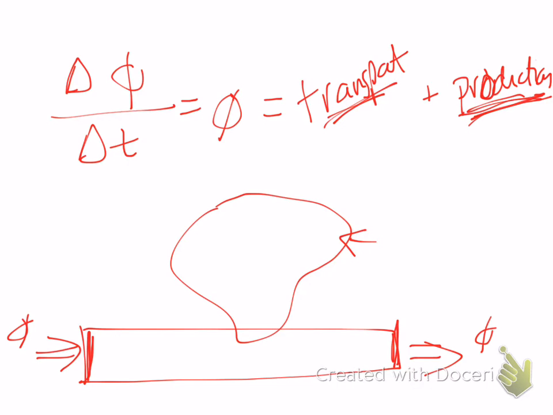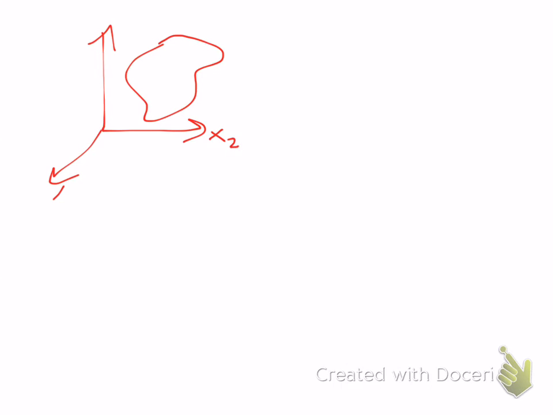So what this ends up looking like in terms of just a little more equations, we have some kind of a body. So this is x1, x2, x3, and this is our volume.